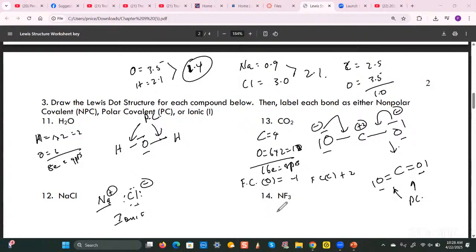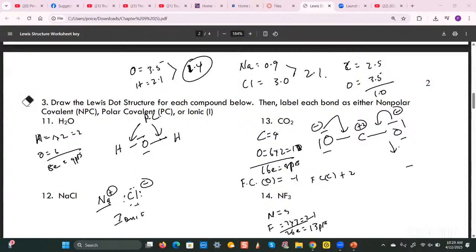And then finally, in the case of NF3, nitrogen will contribute 5, each fluorine will contribute 7 times 3, so that's 21. So that gives you a grand total of 26 electrons, which will be equal to 13 pairs. Let me erase some of this here to get some space.